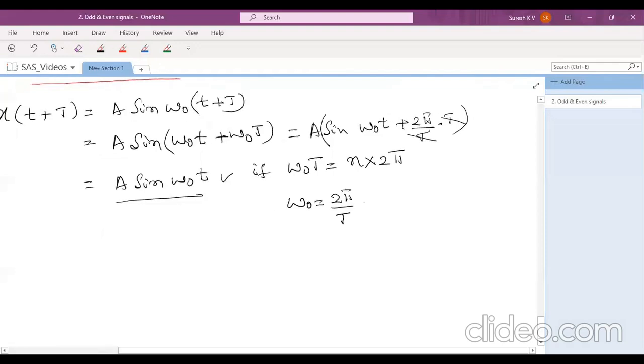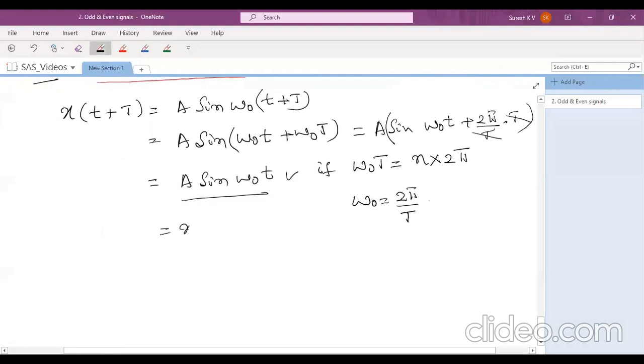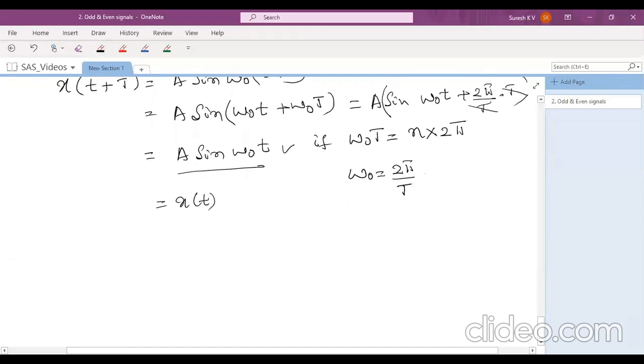So x of t plus T is equal to x of t for a sinusoidal signal. Therefore, I can say the given signal is a periodic signal.